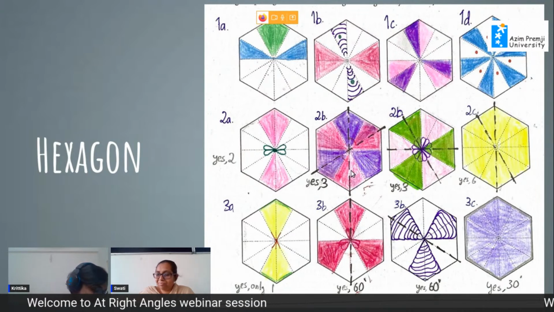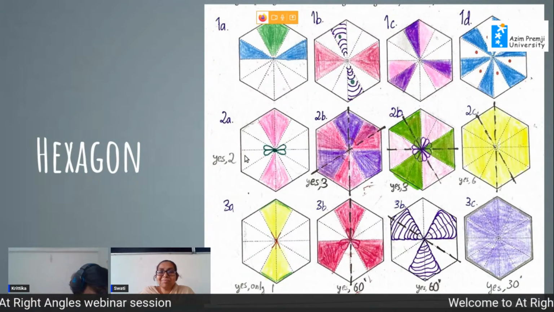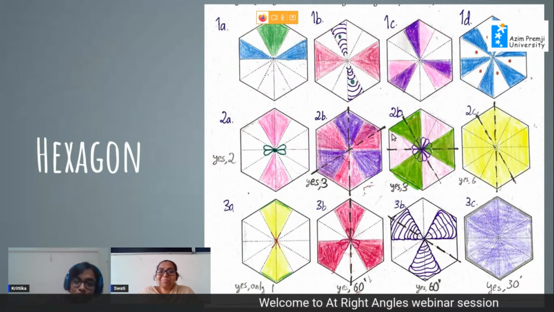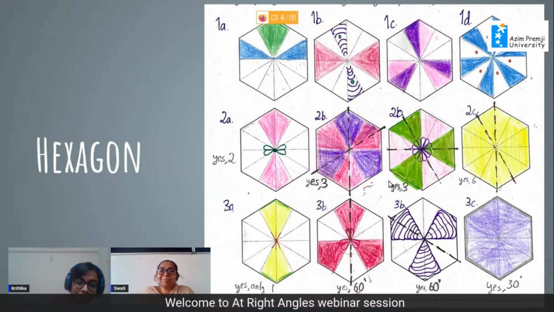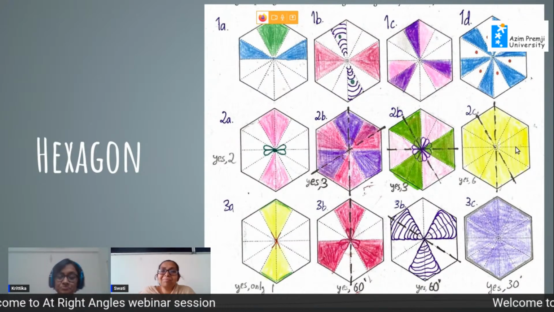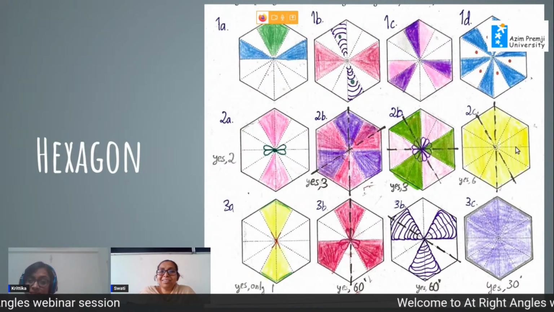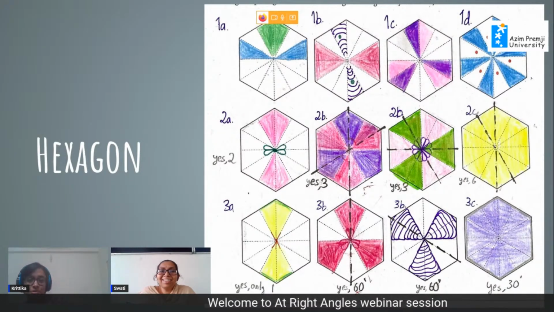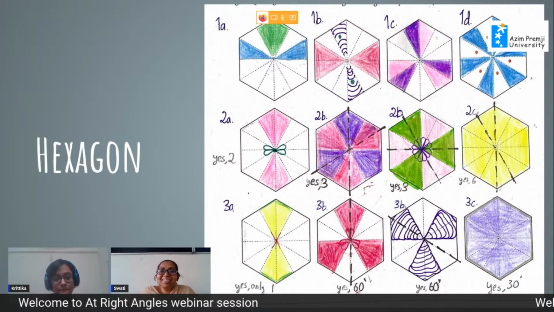So she has written that yes, the first one has rotational symmetry of order 2, the second, this 2B, both of them have rotational symmetry of order 3, and the last one has 6. Here also they were seeing the connection that lines of symmetry are connected with rotational symmetry, not two separate things.